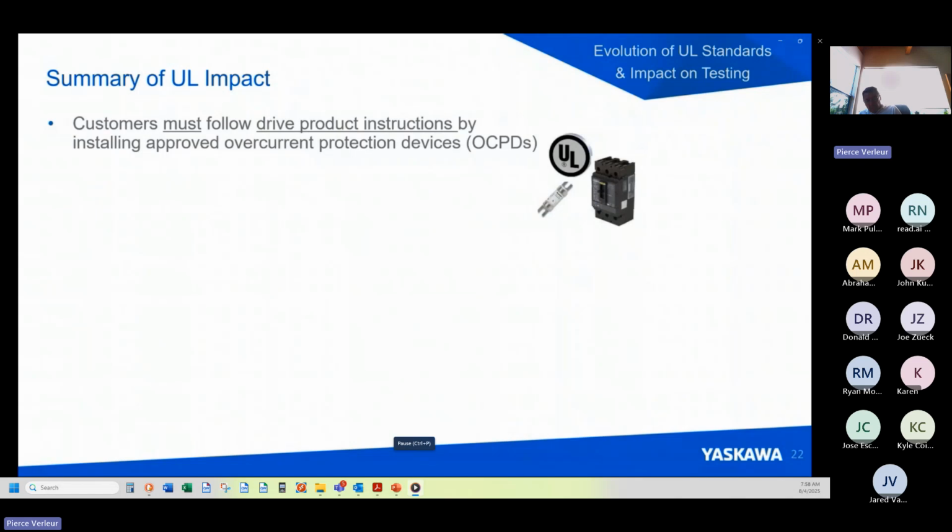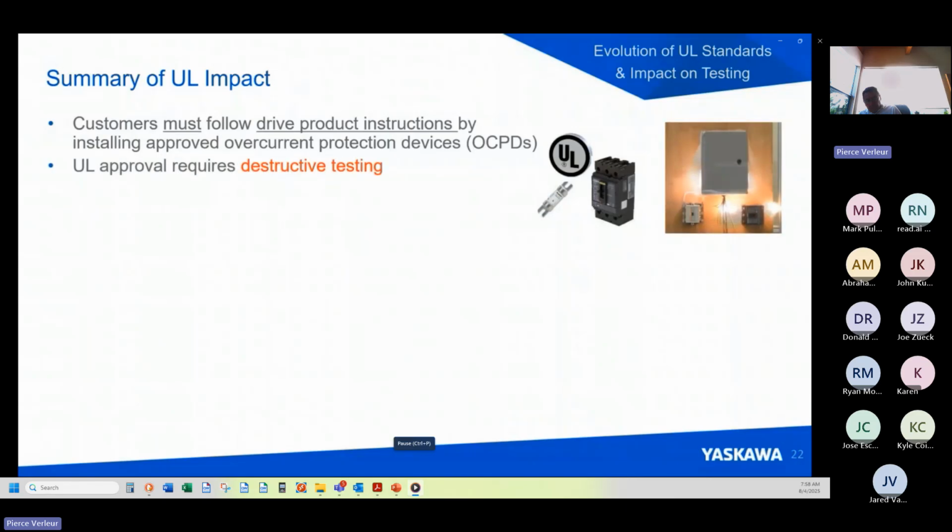Well, customers must follow their drive product instructions, as we just mentioned, when using these devices to protect the drive. And UL requires that the manufacturers do destructive testing. The test result is greatly affected by the choice of these devices.